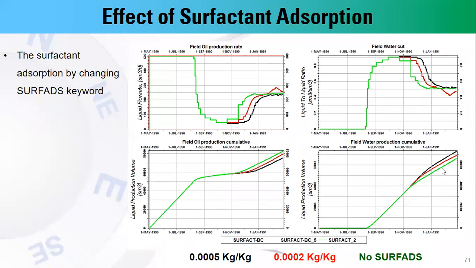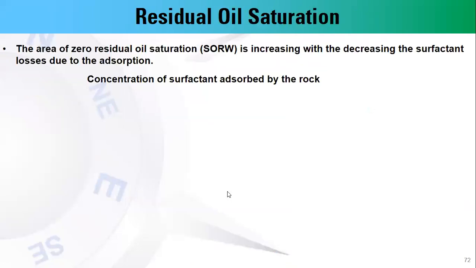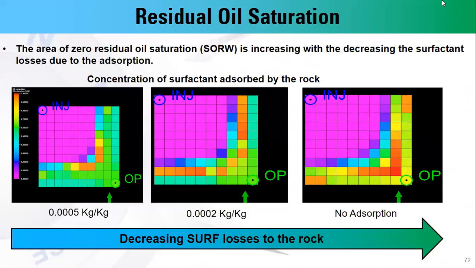So the corresponding oil production or cumulative oil production is lower. And this is the effect of surfactant absorption on the residual oil saturation. It's better to have low absorption of surfactant.